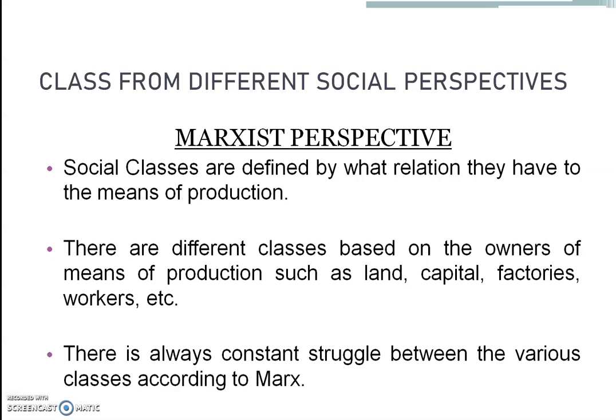Based on that, you can be either a capitalist or a laborer. He believes that there is always a constant struggle between the various classes of people within a society, because everybody wants to get the various means of production. So based on what you own, based on the relation you have with the means of production, your social class is determined.